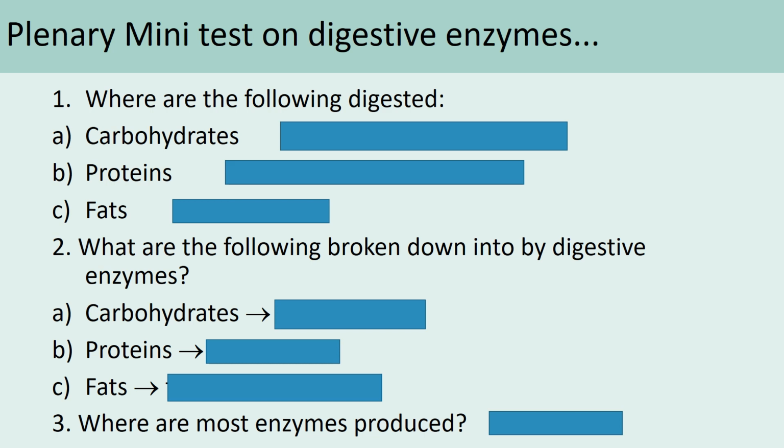We've got some fill in the gaps that I'd like you to have a go at. So the first one is, where are the following digested? And you've got the 3 groups. 2, what are the following broken down into by digestive enzymes? Again, with the 3 groups. And then the third one, where are most enzymes produced? So pause the video, have a go at answering those in your head, and then we'll go through the answers.